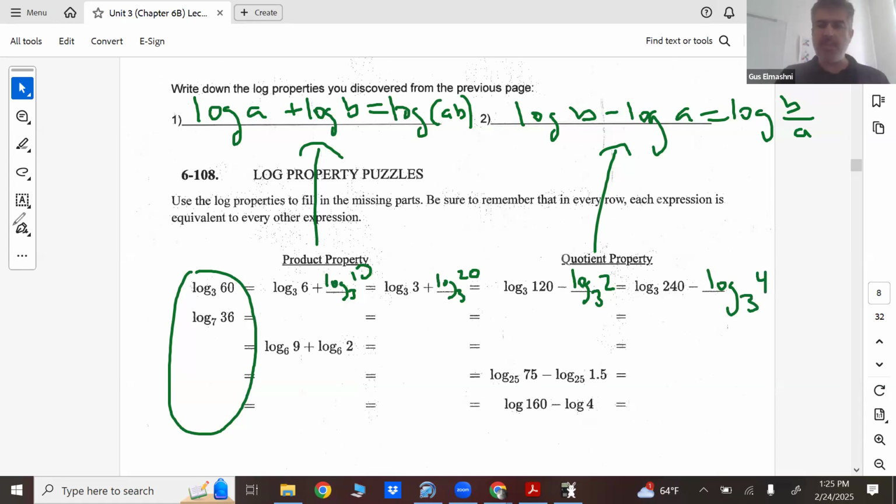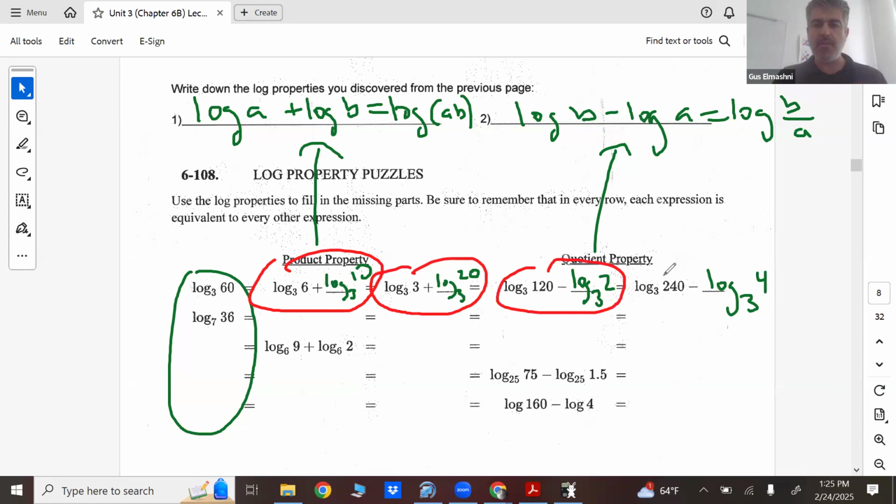Okay, so each of these, yeah, now I understand what's happening here. I was a little confused. So each of these statements are all equivalent. Every single one's equivalent. Okay. So 6 times 10, 60, 3 times 20, 60, 120 divided by 2, 60, 240 divided by 4, 60.